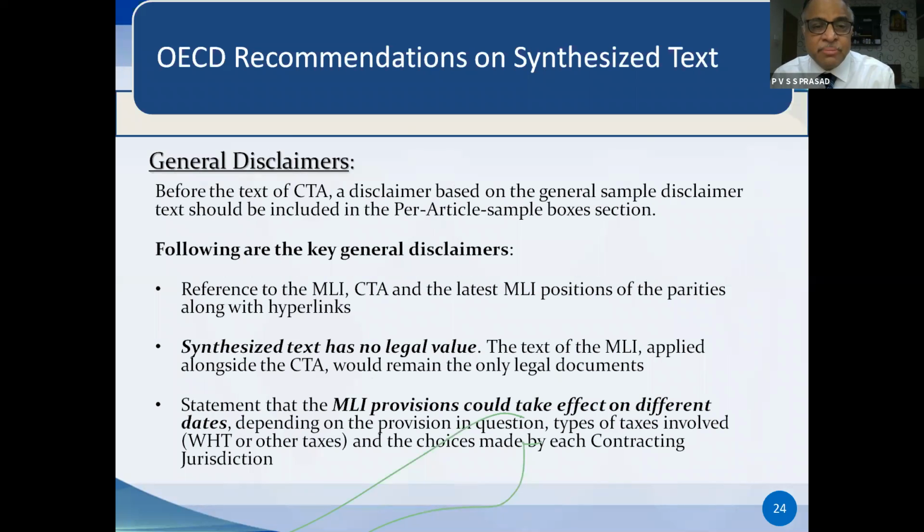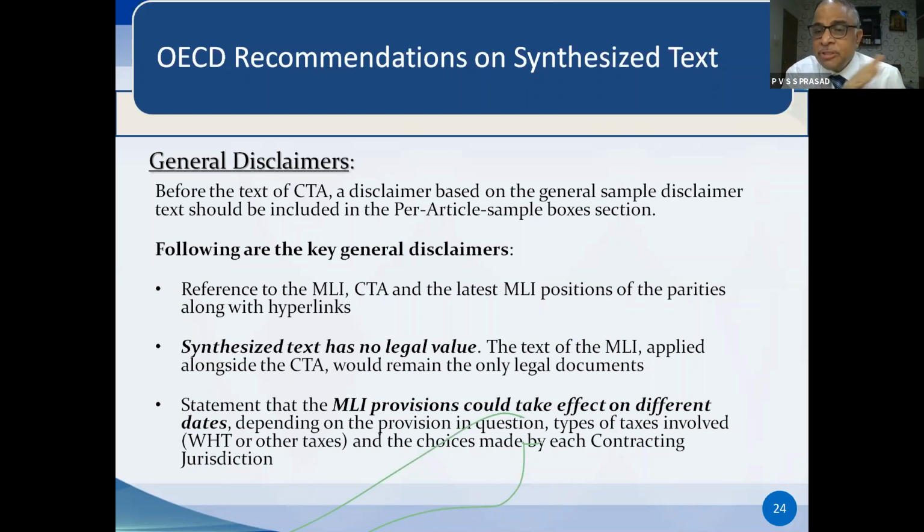What disclaimer do they have to put? Following are the key general disclaimers. MLI CTA means the existing tax treaty, and the latest MLI positions of the parties along with the hyperlinks. They have to make a reference to that in the synthesized text. And synthesized text has no legal value. It's not a legal document for us to rely upon for the sake of interpretation. And a statement that the MLI provisions could take effect on different dates depending on the provisions in question, types of taxes involved, and the choices made by each contracting jurisdiction.